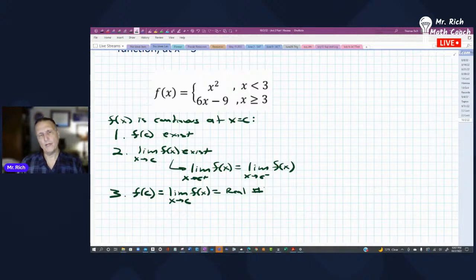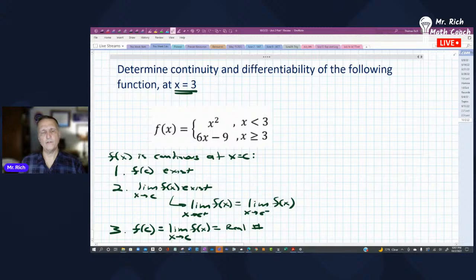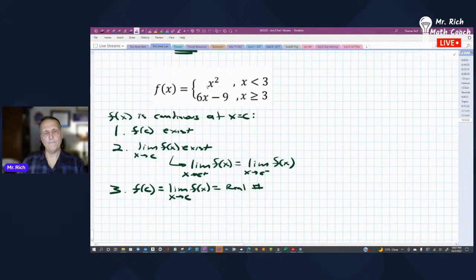So when I look at this function, they did ask me about continuity and differentiability at a specific value, at x equals 3. But one thing that I do know about this piecewise is that both pieces of it, from the left of 3, which is x squared, and from the right of 3, 6x minus 9, those are continuous functions over their entire domain, which is all real numbers.